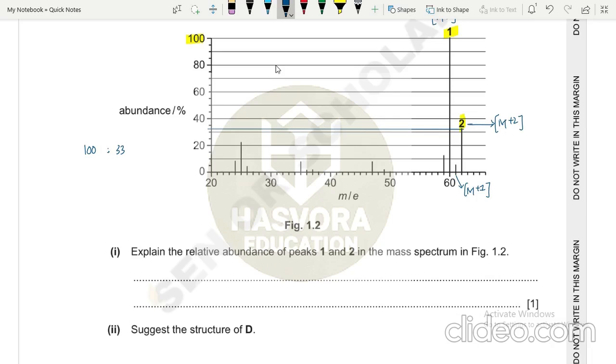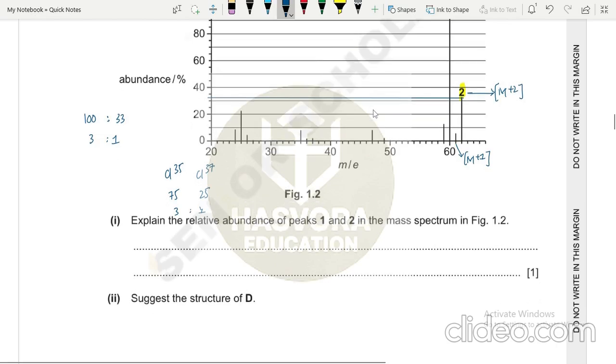Okay, so the ratio will be 3 to 1. And for chlorine we know it has two isotopes, chlorine 35 and chlorine 37, of which chlorine 35 has an abundance of 75% and chlorine 37 has 25%. So it also forms a ratio of 3 to 1. So it means that the 100% peak will have the chlorine 35 and the molecular ion plus 2 will have the chlorine 37.